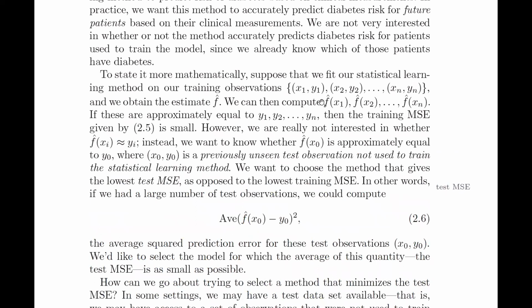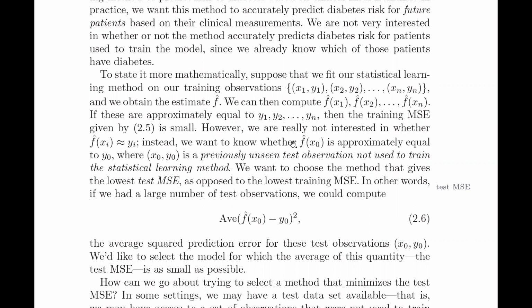So we can then compute f hat of the first observation, f hat of the second observation. If these are approximately equal to y1, y2, then the training mean squared error given by 2.5 is small. And do keep in mind, you want to minimize the mean squared error. However, we are really not interested in whether f hat of xi is approximately equal to yi.